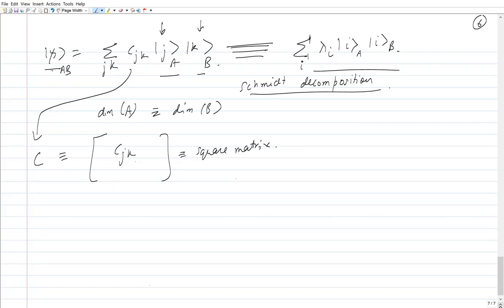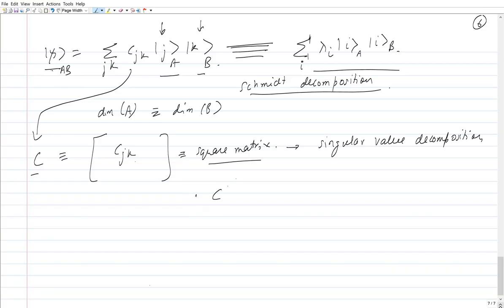Now, the idea is to decompose this square matrix using its singular value decomposition. Firstly, what does a singular value decomposition mean?